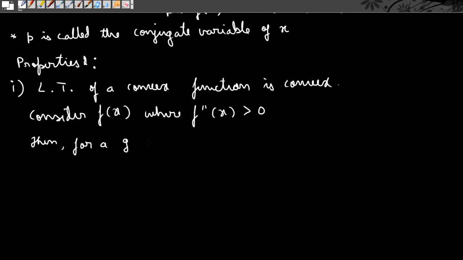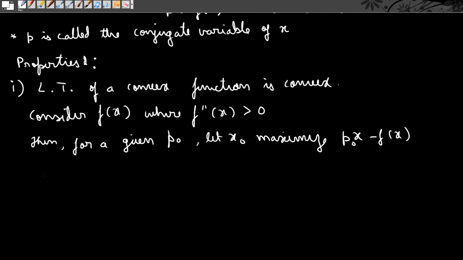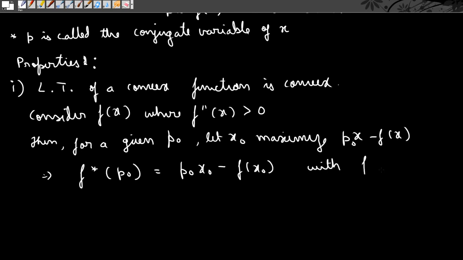for a given p naught, say x naught maximizes p naught x minus f of x. This would imply our Legendre transform f star at p naught will be equal to p naught x naught minus f of x naught, with f dash of x naught equal to p naught.